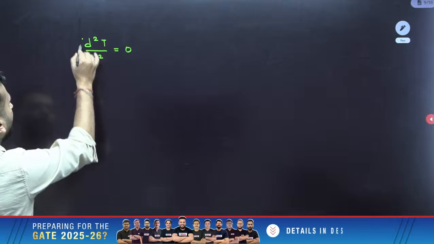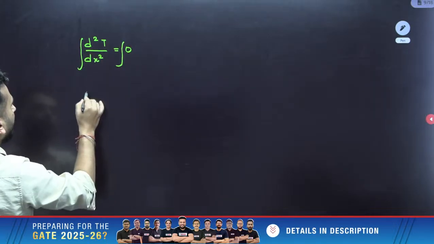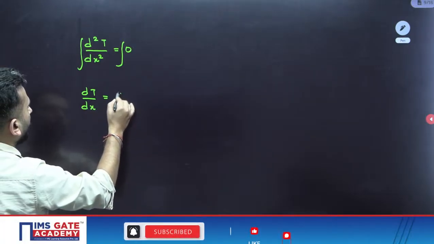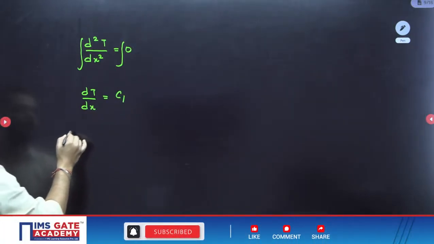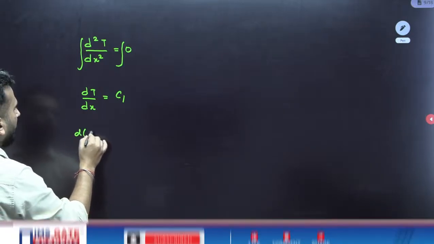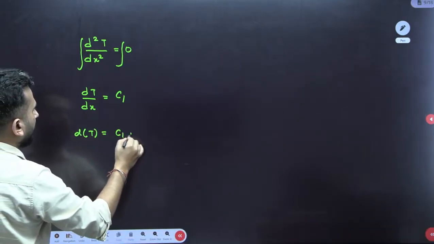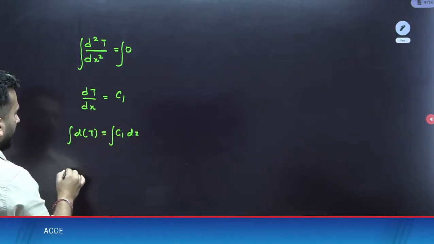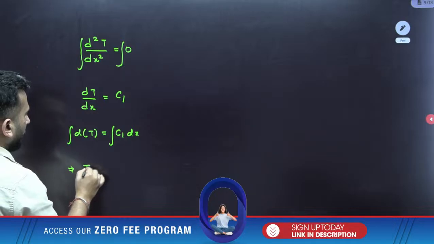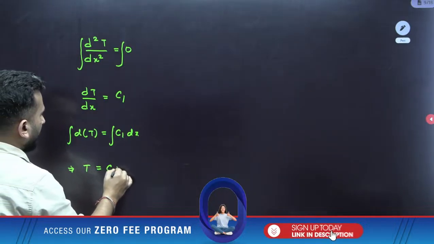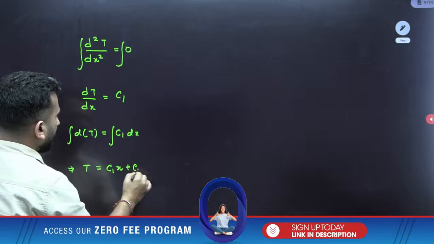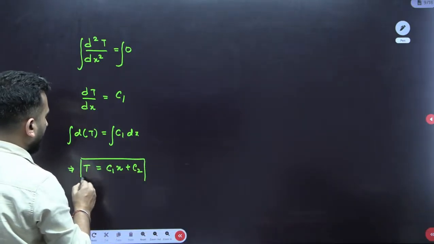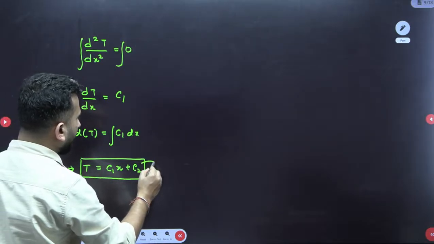If you integrate both sides, we get dT by dx is equal to a constant, dT is equal to C1 dx. Again if I integrate both sides, T is equal to C1 x plus C2. So this is the relation that we are getting, a linear relation.